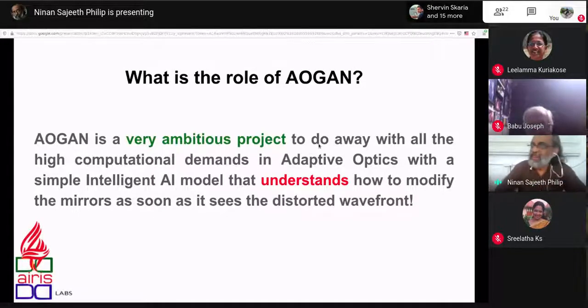What we'll have is a simple, intelligent artificial intelligence model that understands how to modify the mirrors so as to make plane wavefronts from the distorted wavefronts. It's very ambitious, because if we are able to do that, we cut the cost of adaptive optics to very small values. Even ordinary telescopes can have adaptive optics.